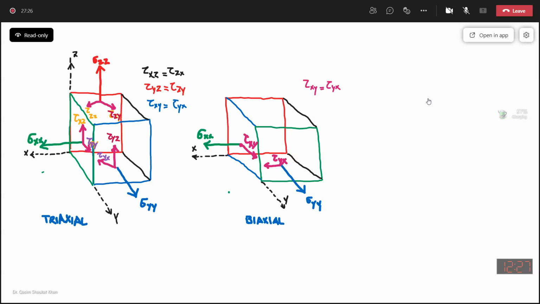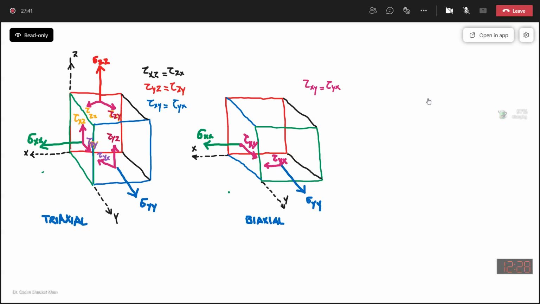Let me see whether it is saved or not. Okay, this is over for biaxial and triaxial stress state.